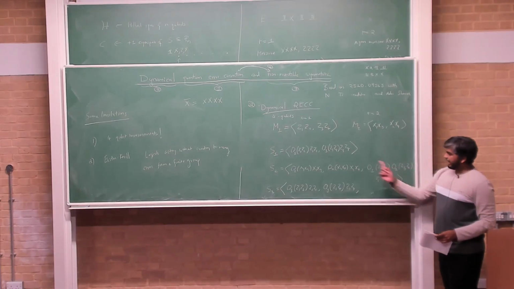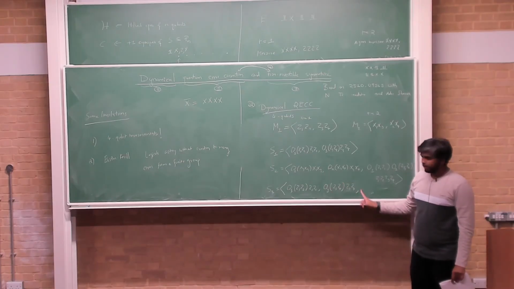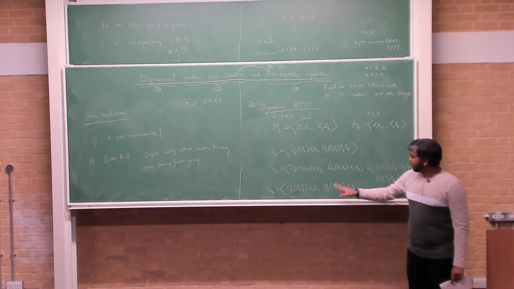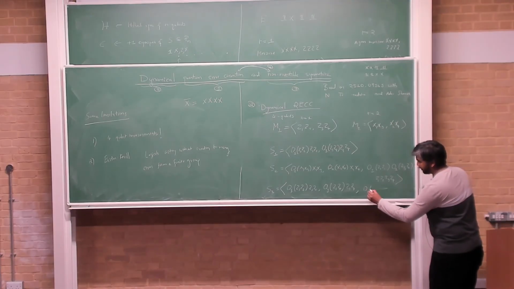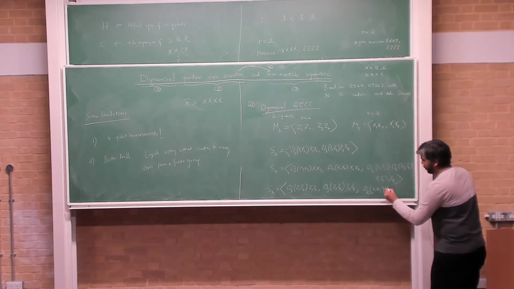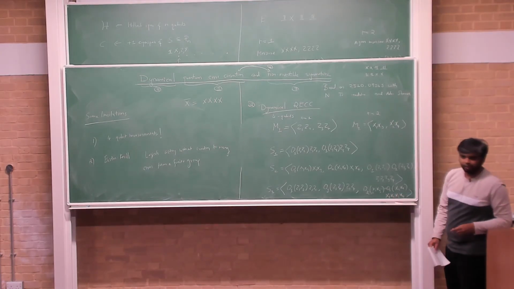Again, the product of these two survives, because it commutes with these measurements. So I still have the product here, O2 of x1, x3, O2 of x2, x4 times x1, x2, x3, x4. This is the third group that I get.